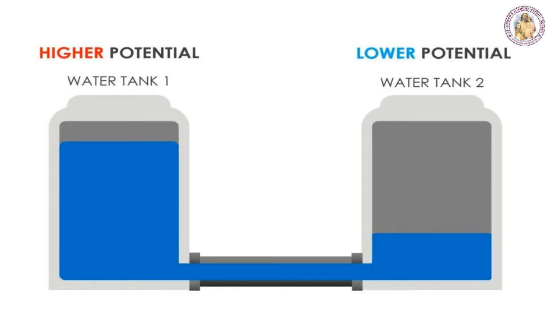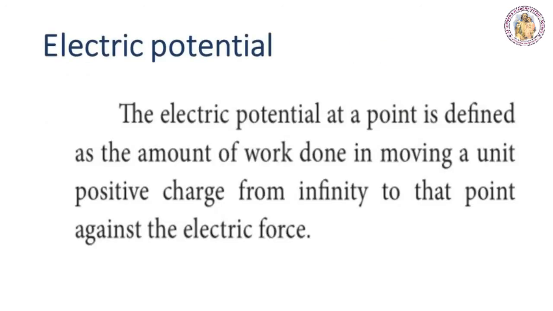Because tank A has a higher water level, water will flow from tank A to tank B. Hence, for flow of water, there should be a difference in water pressure. Similarly, for flow of electricity, there should be a difference in electric pressure. This difference in electric pressure is called what? Potential difference.